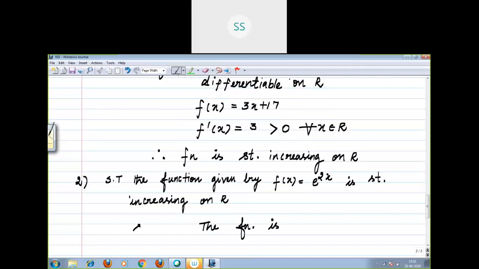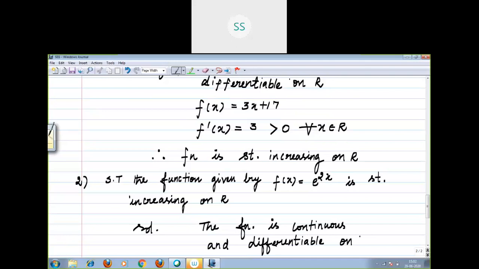The function is continuous. Continuous means if you assign the value of x, you will get a continuous result. Continuous and differentiable or derivable, both are the same meaning, children, right? Differentiable on what?